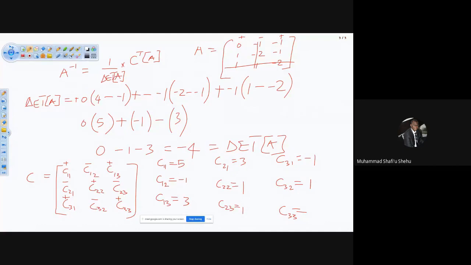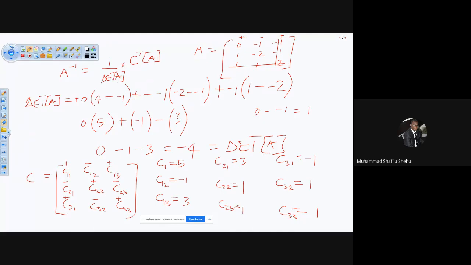And then the last, 3, 3, row 3, column 3. We are now left with 0 minus 1, which is 1.